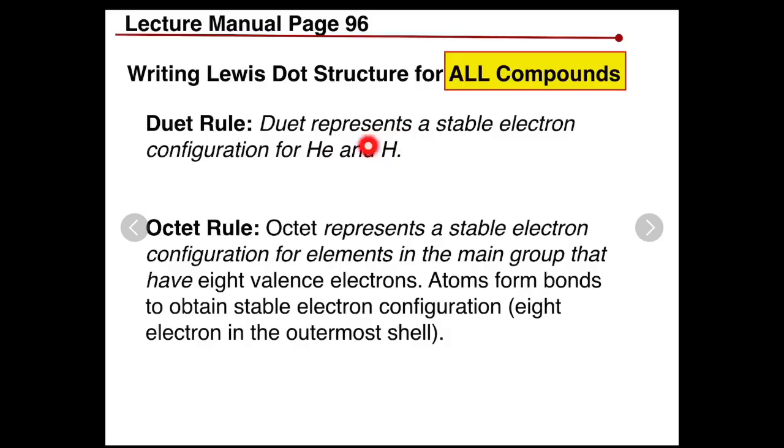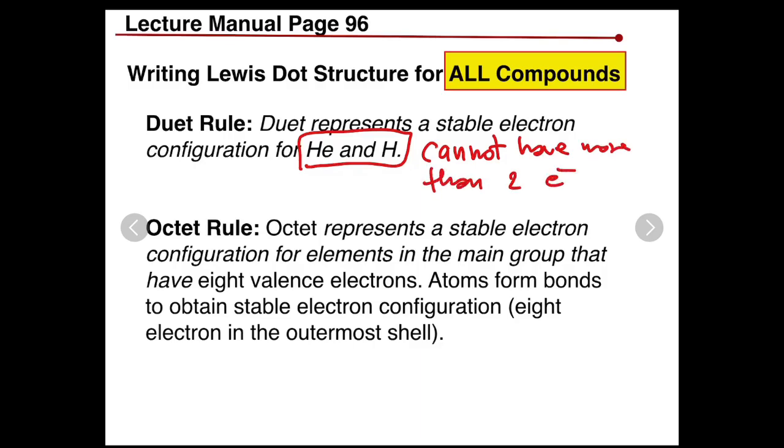So that means hydrogen will not have more than 2 electrons, right? Duet is 2.